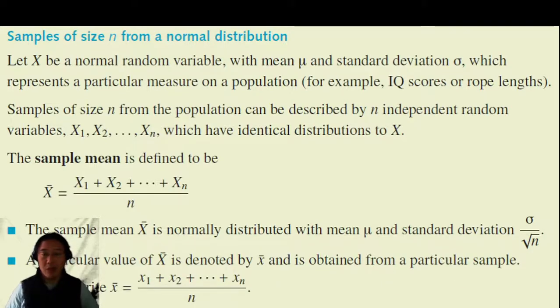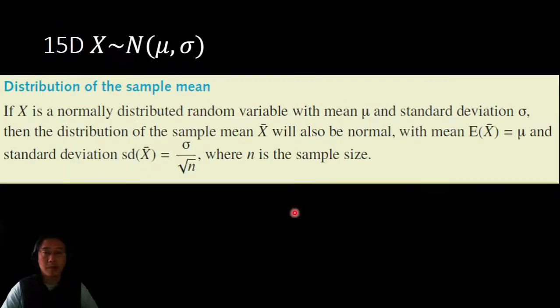What we can do is, for a particular value of that sample mean, which is annotated in lowercase, it would be just the sum of those values divided by n. So this is a summary of what we've done before.